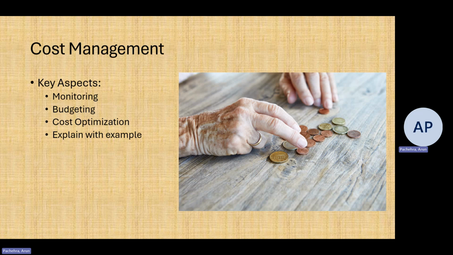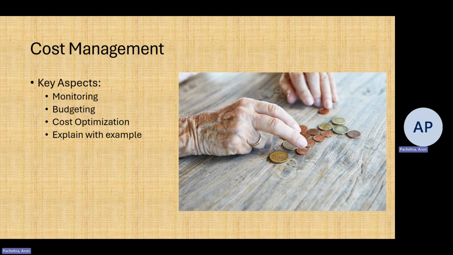Cost management in the context of cloud services like Azure refers to the process and tools used to monitor, control, and minimize expenses. It's often more technical and focuses on the operational aspect of managing cost. And these are the key aspects of it: monitoring, budgeting, and cost optimization.